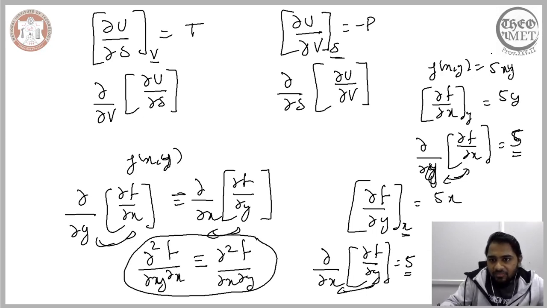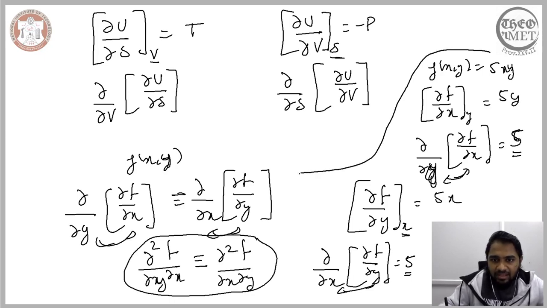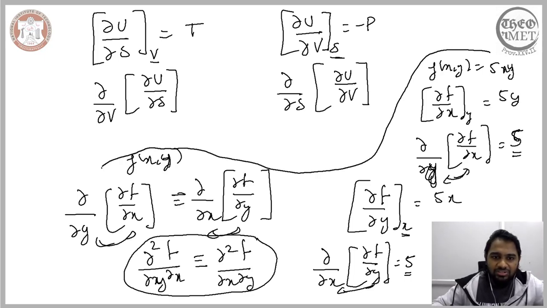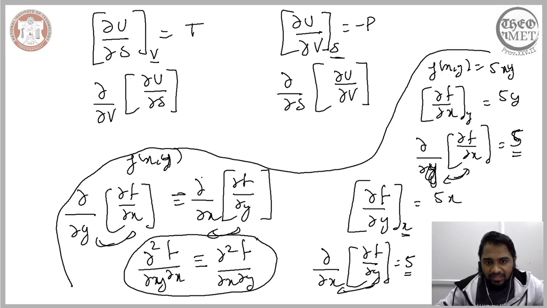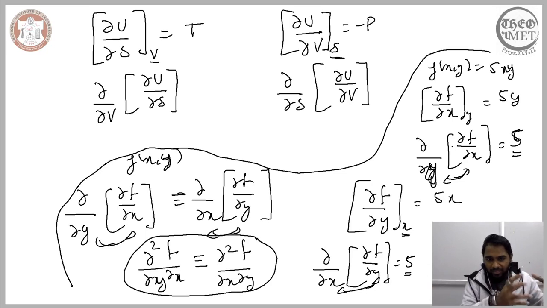All these we have seen thus far are just a simple numerical relation for a second order derivative, and we saw that even though we reverse the order of the derivative, the ultimate answer remains the same.